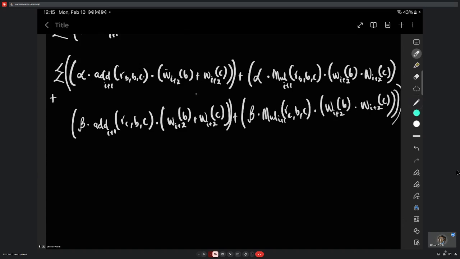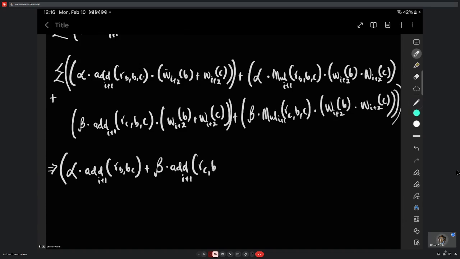So they have alpha times add I plus 1, RBBC plus beta add I plus 1 RCBC, then in the bracket WI plus 2B plus WI plus 2C, right?